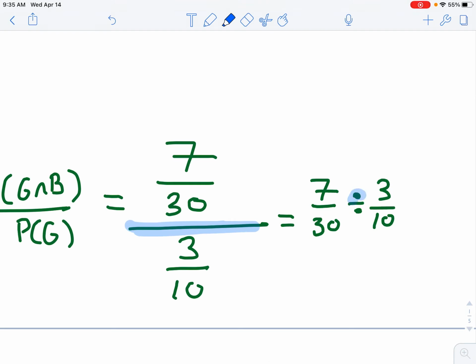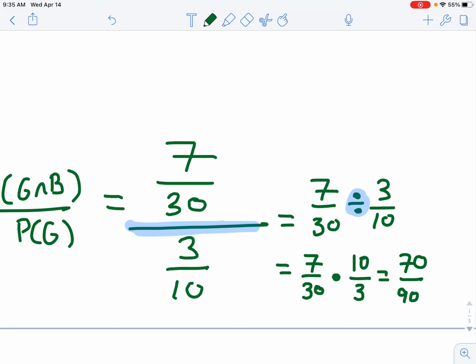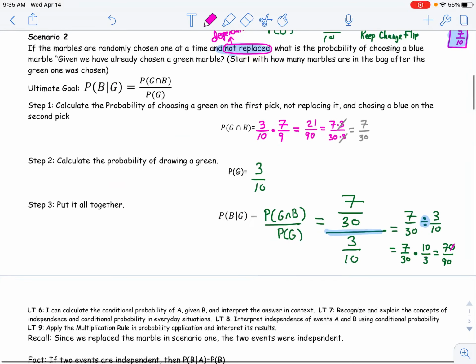So that just turned into that. So keep, change, flip. Keep the 7 over 30. Change to multiplication, flip to that right there. We're going to get 70 over 90, which reduces to 7 over 9.